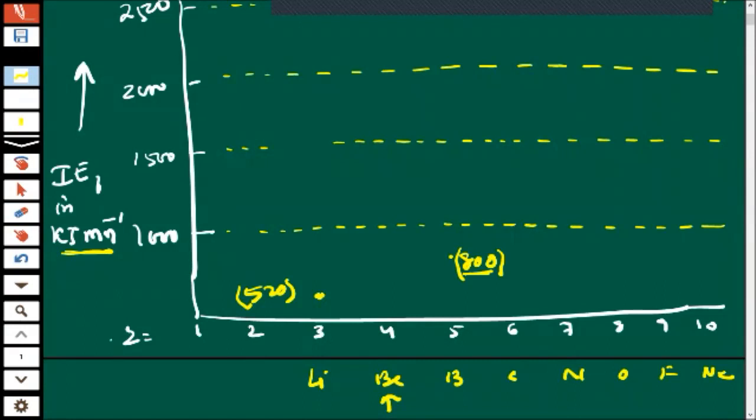Then carbon is having 1086, somewhere here. Then I am leaving nitrogen.